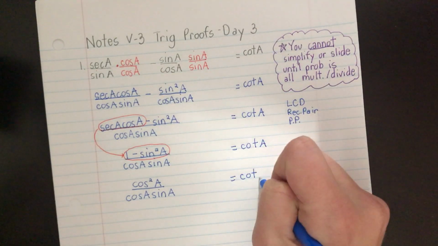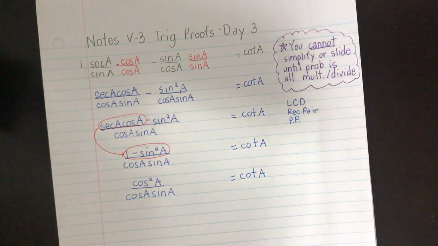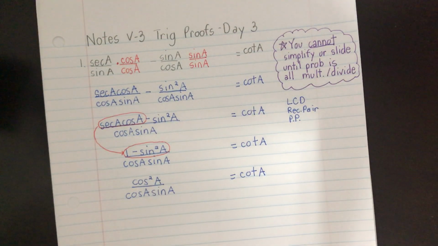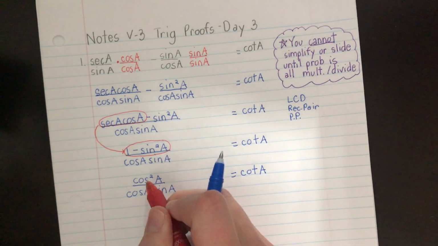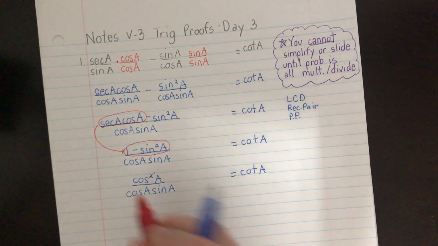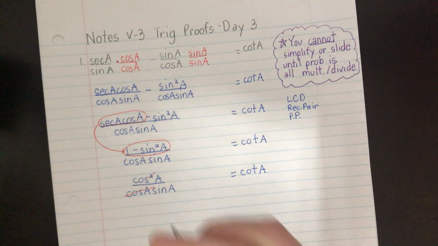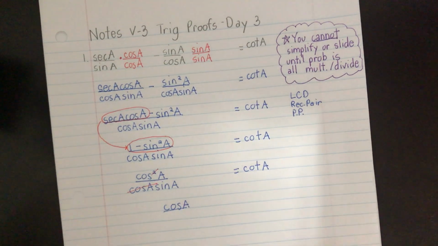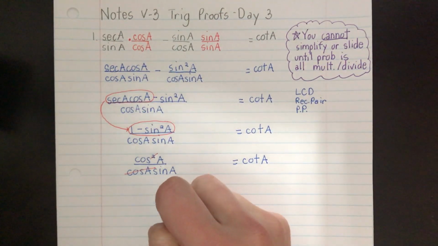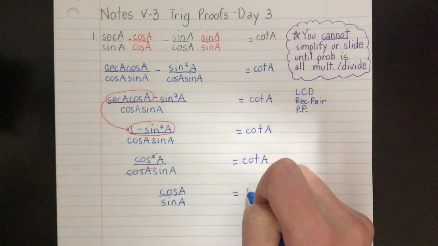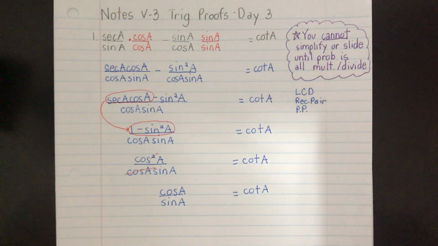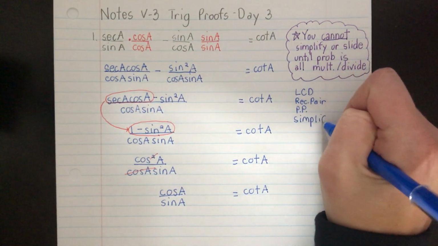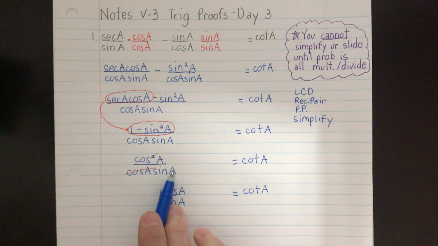Now we can actually simplify, because now the whole problem is multiply slash divide. One of these cosines up top simplifies with one of the cosines on bottom, so I'm left with a single cosine of A on top over sine of A. And what do you know, cotangent of A. So I used the Pythagorean property, and then I was able to simplify because finally we had just a single fraction, not two fractions.